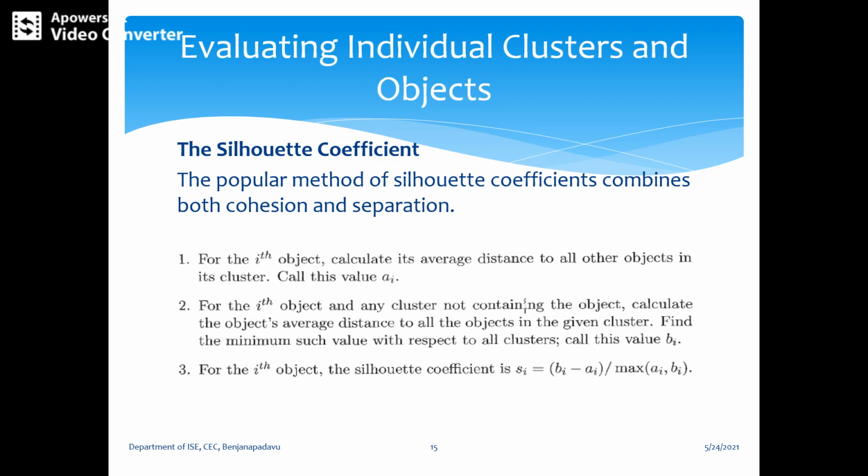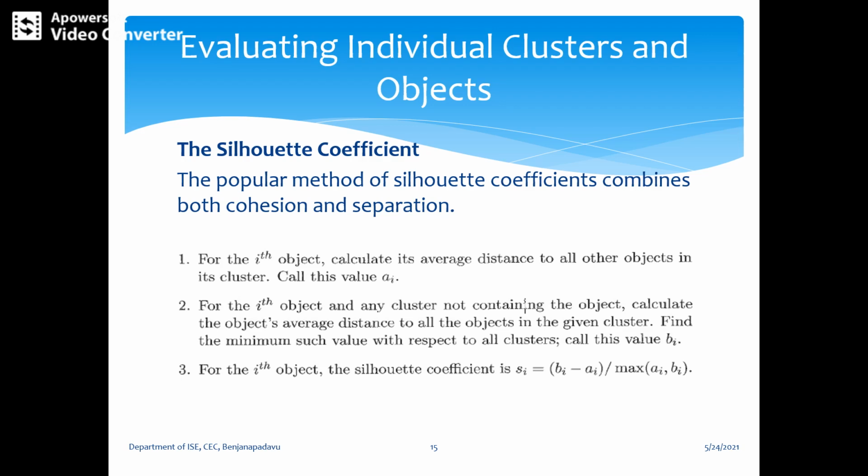Second point: for the ith object and any cluster not containing the object, calculate the average distance of the object to all the objects in the given cluster, and find the minimum of such values with respect to all the clusters. We call this value Bi. So this is Ai and another is Bi. For the ith object, the silhouette coefficient is Si equals Bi minus Ai divided by the max of Ai and Bi.